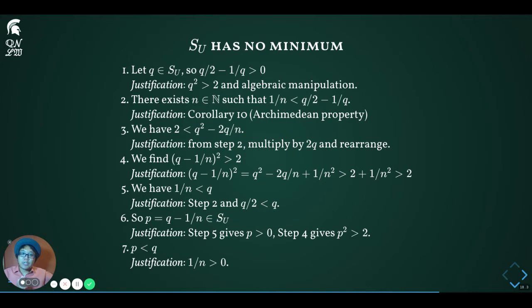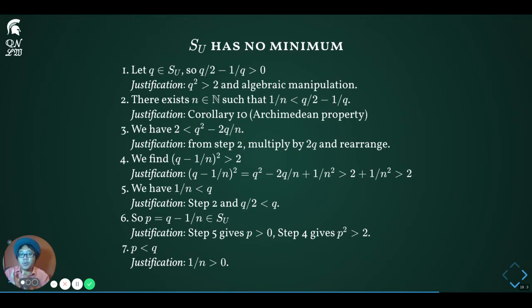Next, we prove that SU has no minimum. The argument is a bit long and technical, so bear with me. To prove that SU has no minimum, we need to show that given any q in SU, we can find another p in SU that is smaller. To do so, we first notice that q in SU implies that q over 2 minus q inverse is positive.